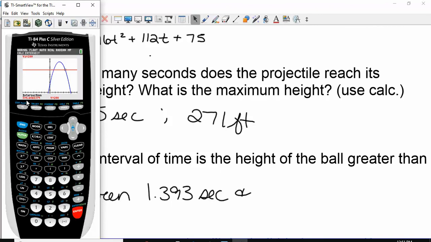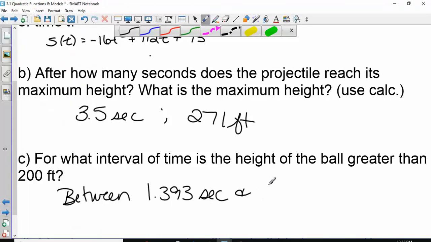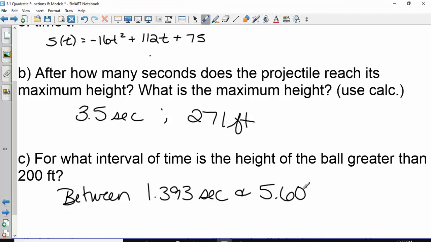And that one tells me it's 5.6065. So in that time frame, you are above a height of 200. Does everybody understand how we got that?